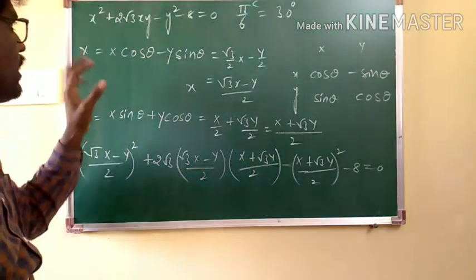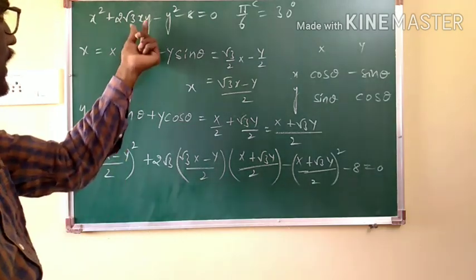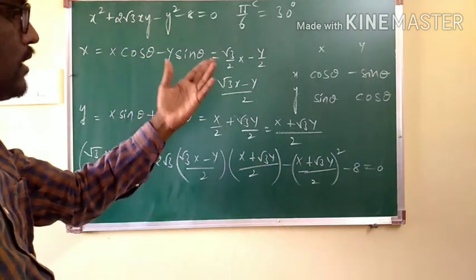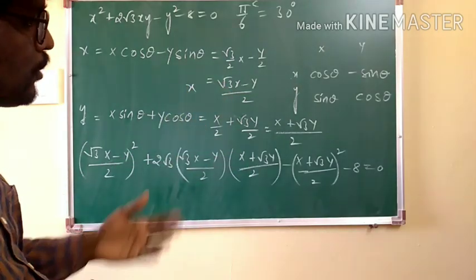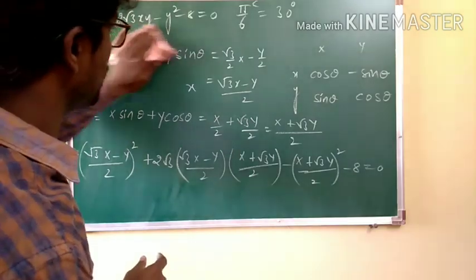See what we have done: x we have replaced by (root 3x minus y by 2) whole square, and xy by again (root 3x minus y by 2)(x plus root 3y by 2), minus y square by (x plus root 3y by 2) whole square, minus 8. Okay, let's simplify further so that you will be getting the required equation.